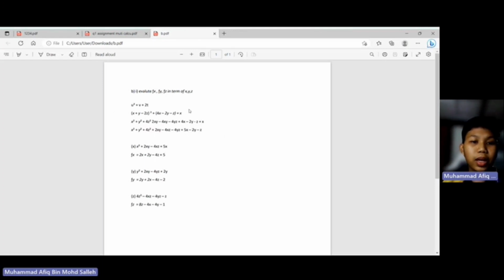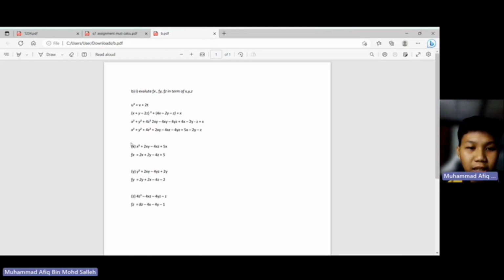So from this, we find the partial derivative with respect to x. We treat y and z as constants and differentiate the expression with respect to x.